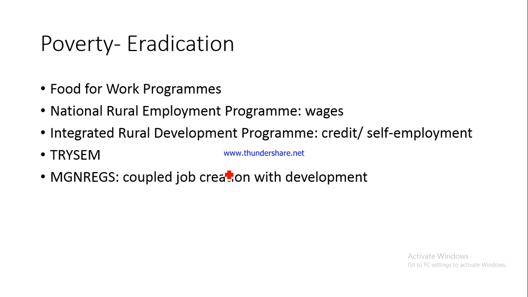So this was the main objective, but then it was thought that since they are made to work, can their work also be used for some developmental activities? And then this thinking emerged that their work can be used for the development of the particular rural area. And how? These people who are given wage employment for 100 days in a year are made to work in development activities.